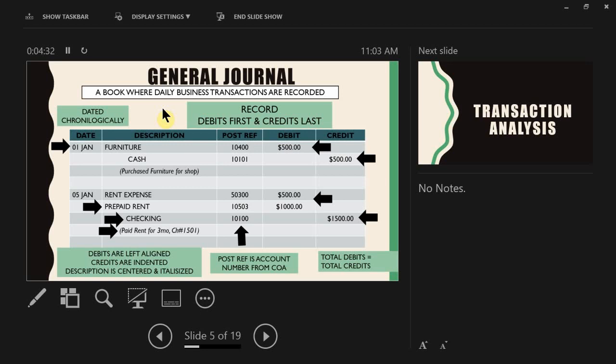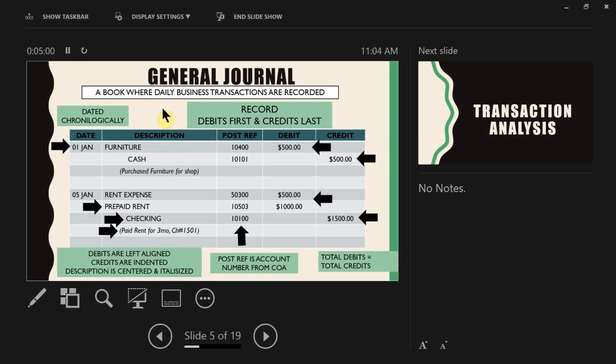All right. Second thing I want you to understand is you're going to record debits first and then credits last. What does that mean? If you look here under the description, the description can entail three things. You're going to have your debit account, you're going to have your credit account, and then the third thing is you're going to have your actual description. Okay?